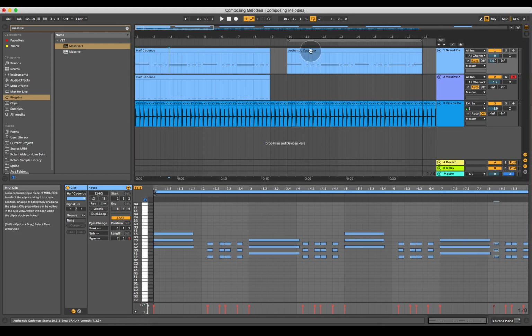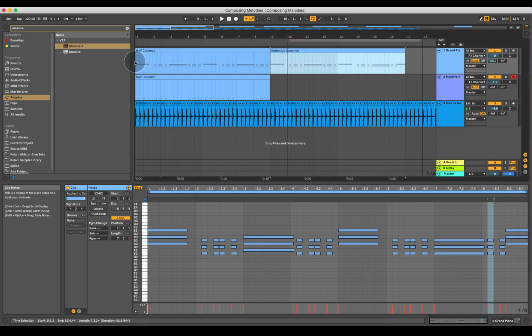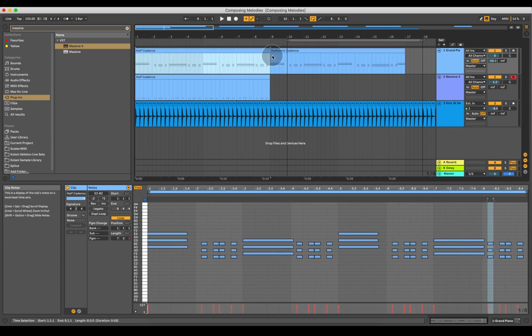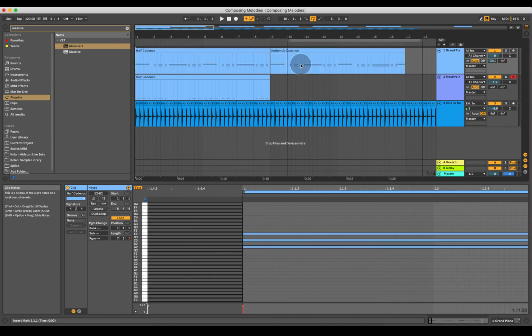So what we'll do is we're going to play the half cadence phrase first, and then I'll let it go on to the authentic cadence, and you'll see how the authentic cadence has a stronger feel of resolve than the half cadence does. I'm going to mute the bass just so that there isn't anything else changing the sound of the first half over the second half.